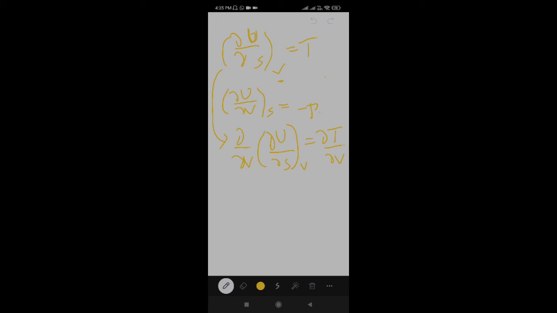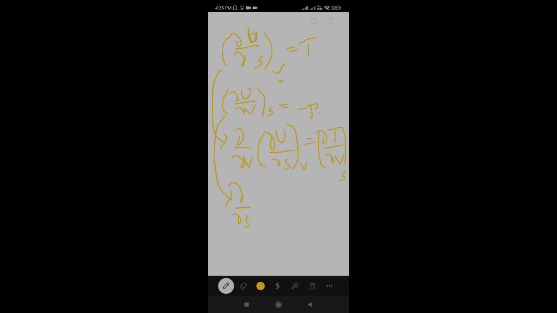Right. Now, here you are differentiating with respect to V, which is constant here? Yes, entropy is constant. Next, take the second equation. You differentiate this equation with respect to S on both sides.